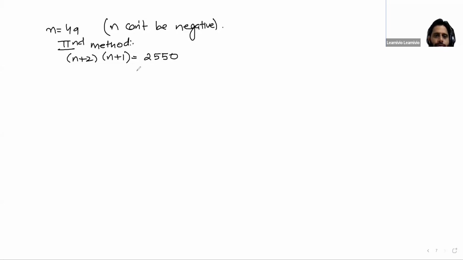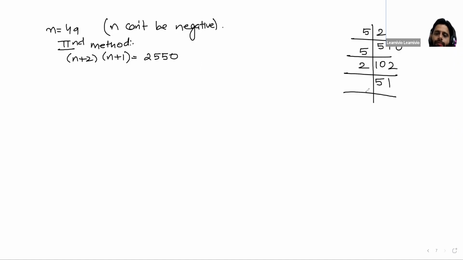That is applicable for this only. So now we are multiplying two numbers and we are getting 2550. So what we can do, we can write 2550 as a product of factors.